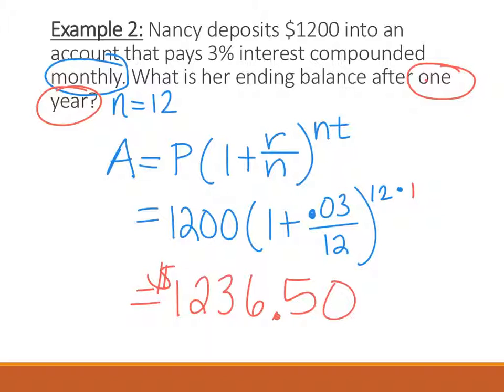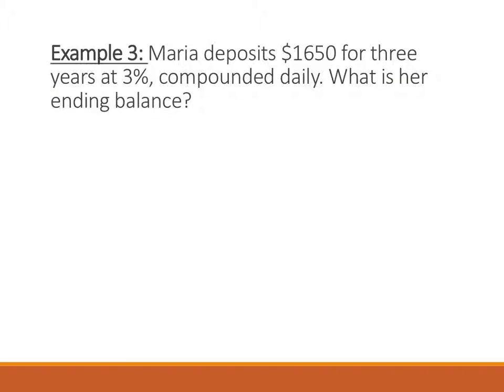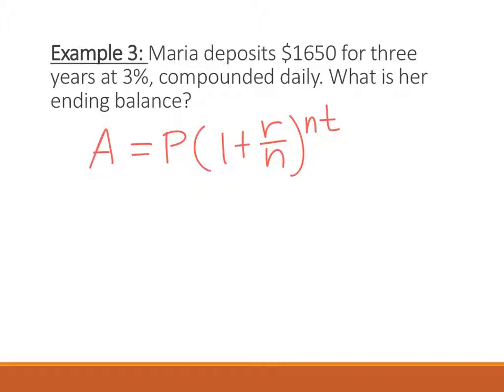Let's try another problem. Maria deposits $1,650 for 3 years at 3% compounded daily. We would like to know her ending balance. So again, we're going to use the compound interest formula. In this case, the principal is $1,650.